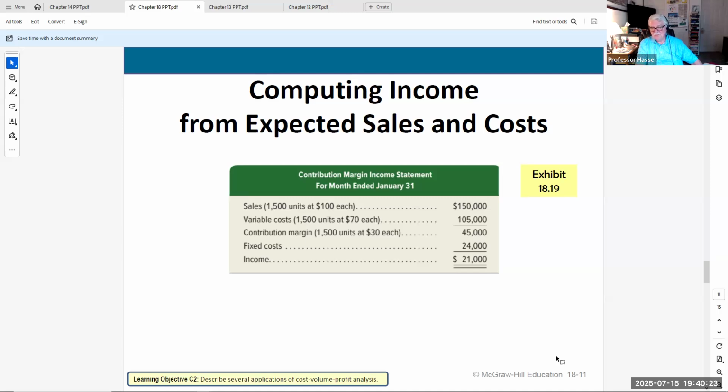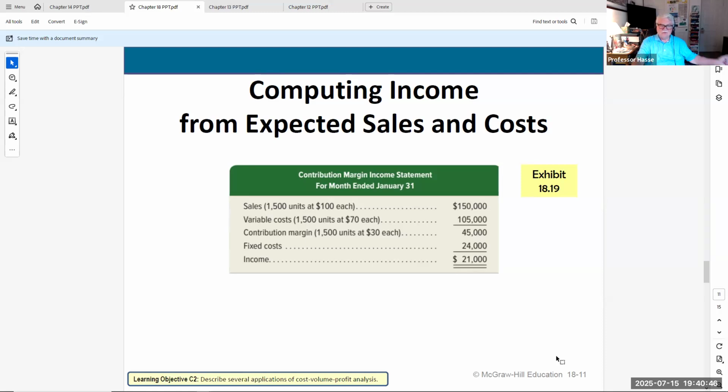With our fixed costs being $24,000, we know we're making $21,000 of profit because we're $21,000 ahead of our fixed costs, which is our break-even point. These are good analytical data for managerial accountants.